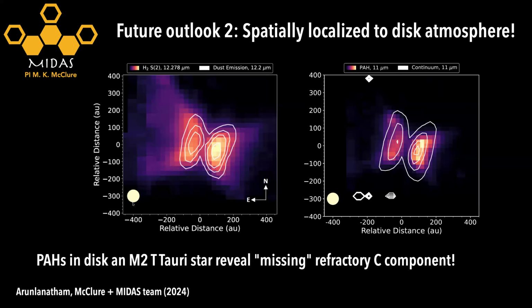And another of our team members, Nicole Arwen-Lentham, was able to measure resolved PAH emission in a different disk for another JWST program that I'm leading called MIDAS. She was able to see that these PAHs are actually associated with the disk itself rather than being something in the background region of the molecular cloud.